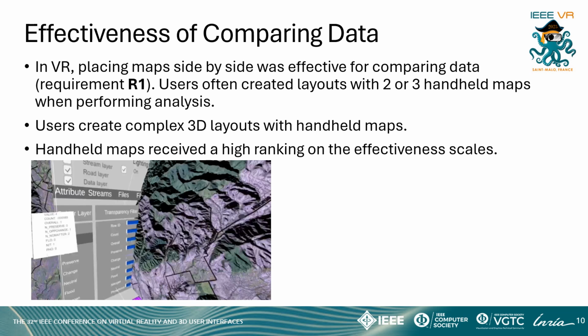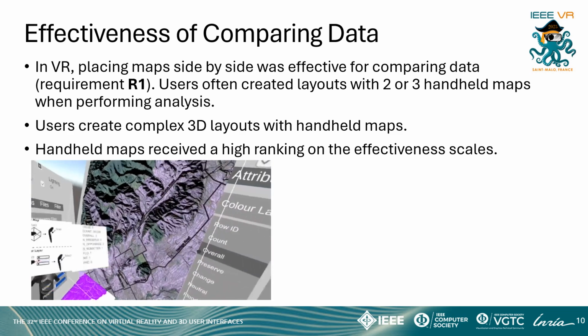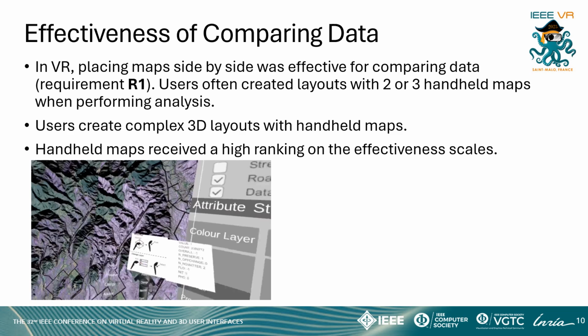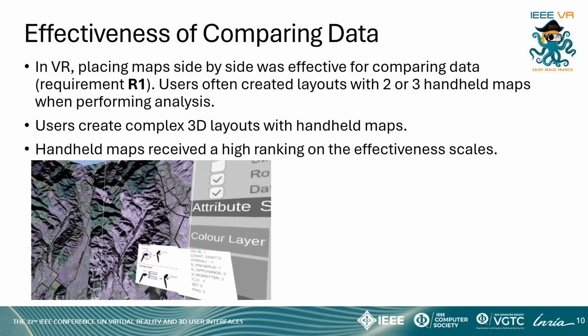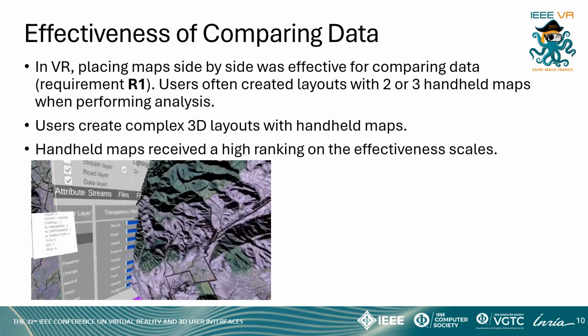In VR, placing maps side by side was effective for comparing data. Users often created layouts with 2 or 3 handheld maps when performing analysis. Users create complex 3D layouts with handheld maps. Handheld maps received a high ranking on the effectiveness scales.